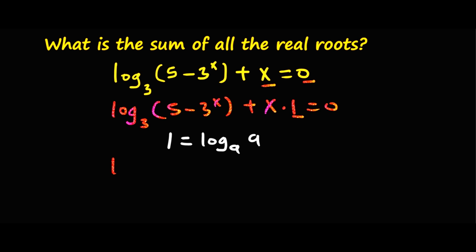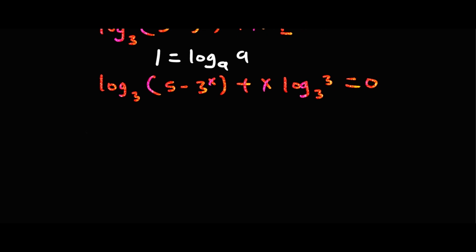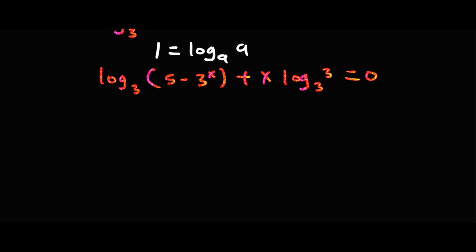So our equation will now be log base 3 of (5 minus 3 power x) plus x times 1, and 1 in this case is just log to base 3 of 3, is equal to 0. Again, we can write 0 as a log. Remember that 0 is log of 1.